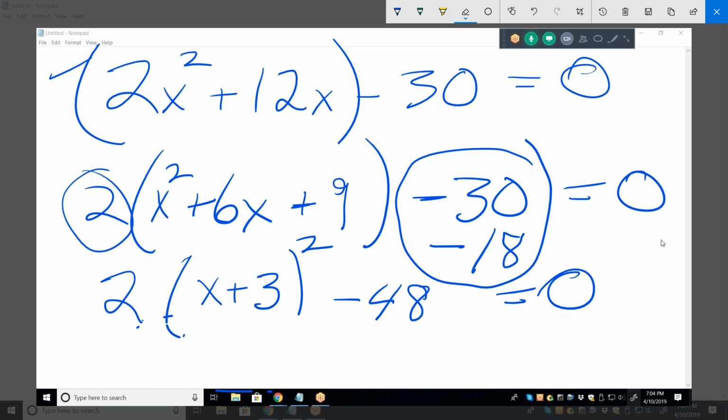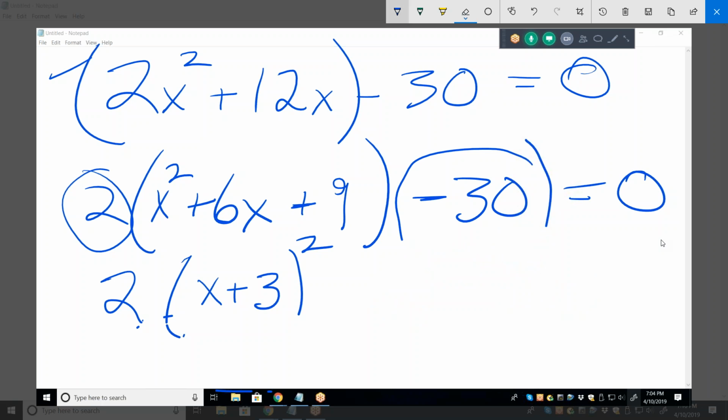However, to solve this, I want to move that 48 to the other side. Let me do it this way because I'm running out of room. So that's equal to 48, right?